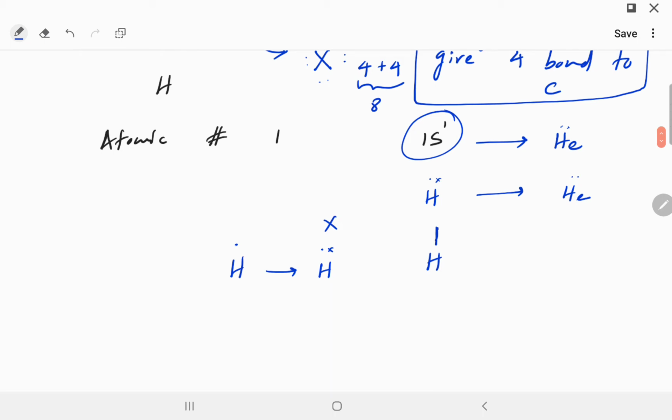So hydrogen will always form a single bond. No double bonds, just a single bond. That is all it needs to achieve the noble gas configuration of helium.